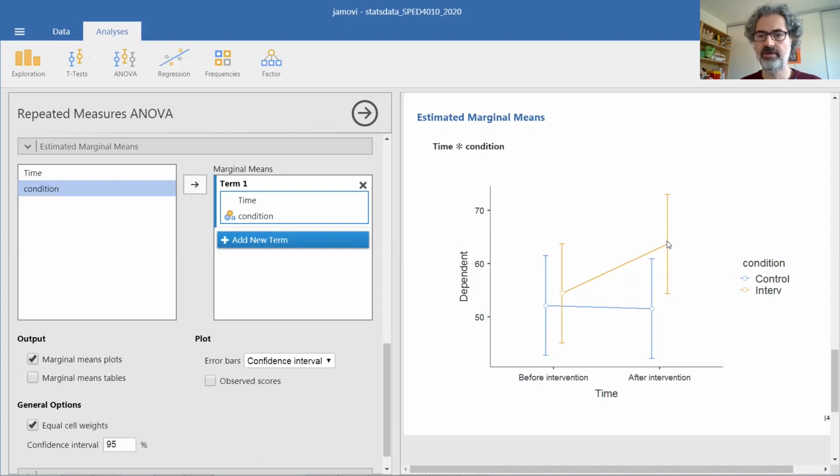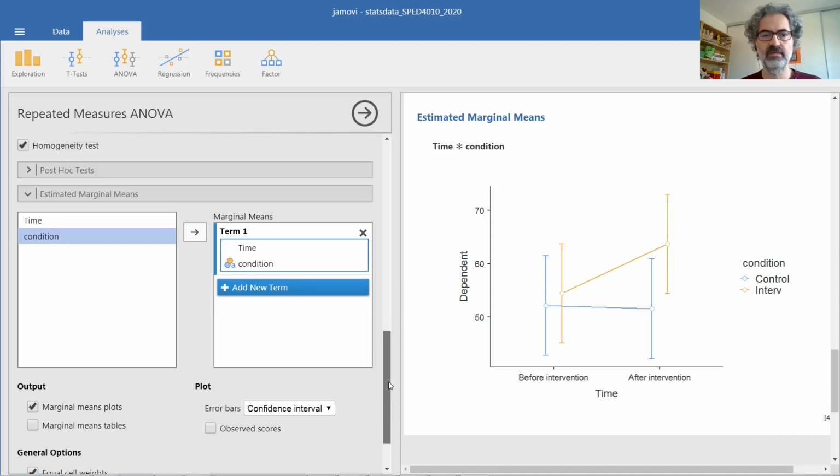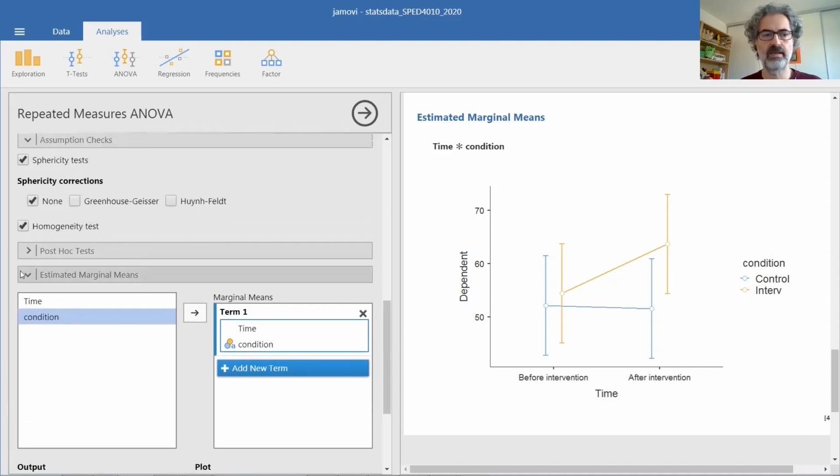Is this point significantly higher than this? So do we have higher fluency scores in the intervention group than in the control group after the intervention? Or do we have higher fluency scores in the intervention group after compared to before the intervention? This is not stated anywhere here.